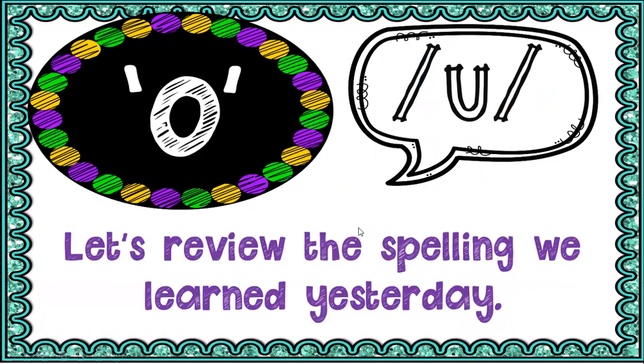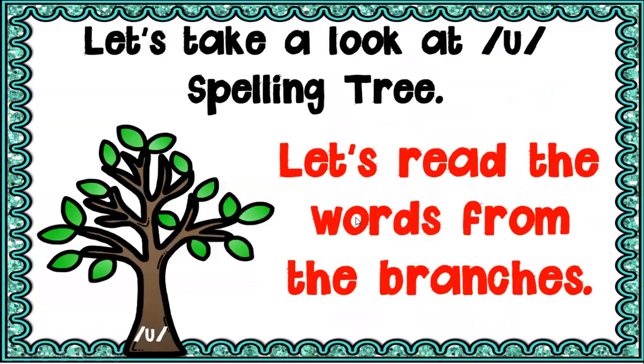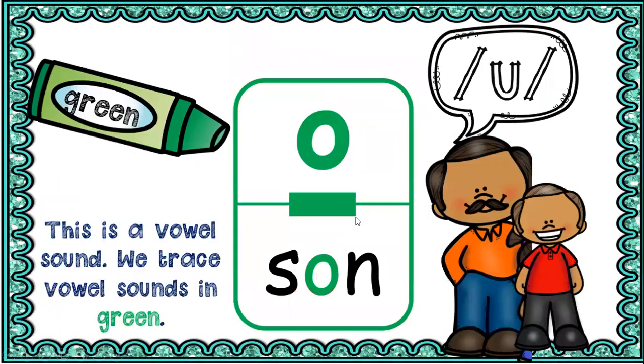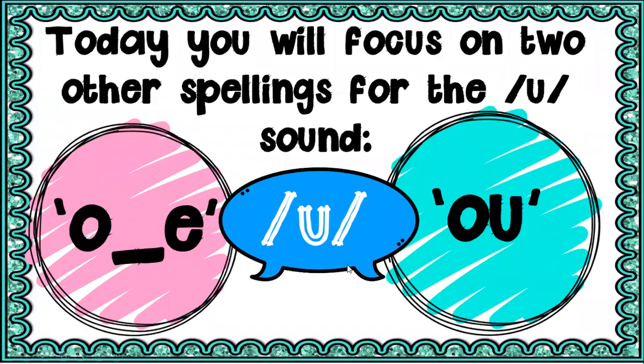Okay, let's review the spelling that we have learned. We learned this yesterday with the sound. The O made the sound in our words yesterday. Now your O is alone, so it's just the letter O, but it's not going to say your typical sound. Today we will focus on 2 other spellings for the sound.